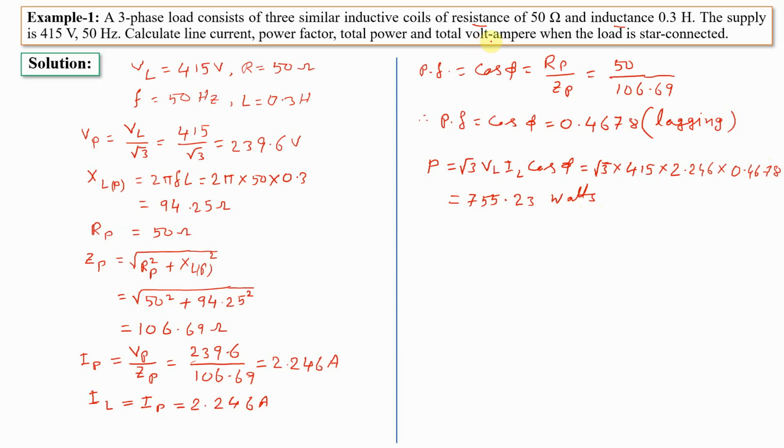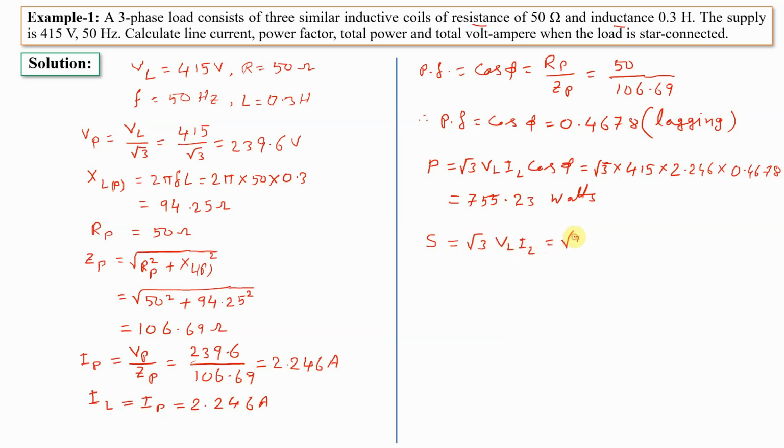In the question, the total volt ampere we also have to calculate. Total volt ampere means the apparent power, as the unit of apparent power is volt ampere, and that is root 3 VL IL.